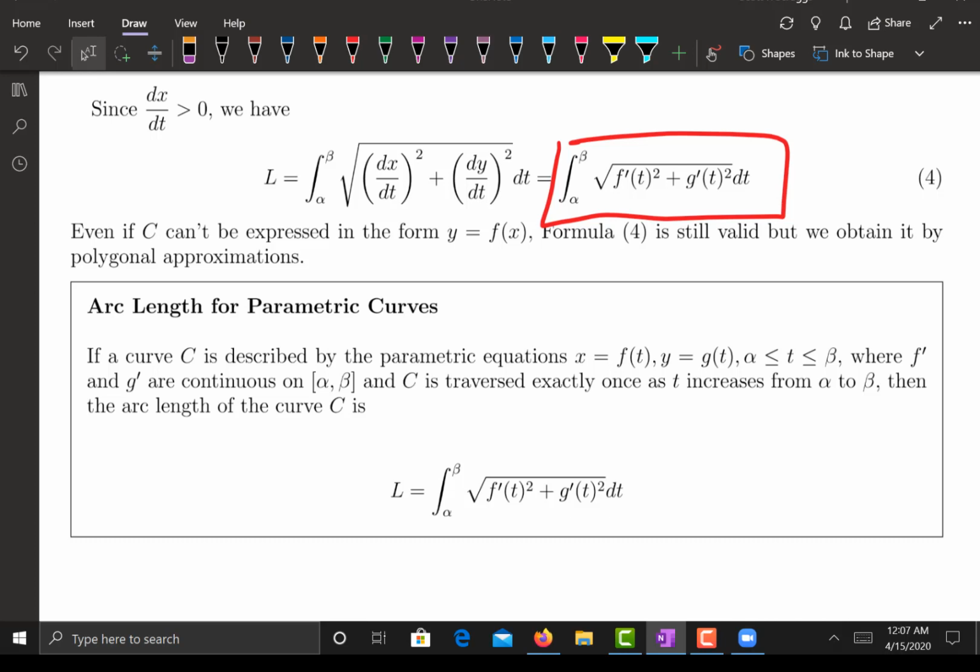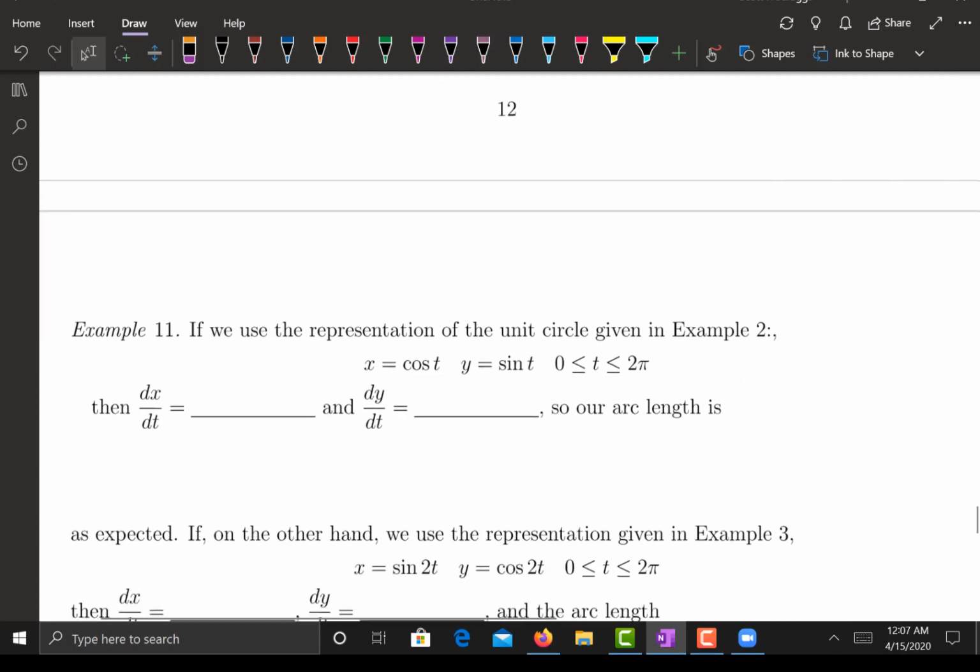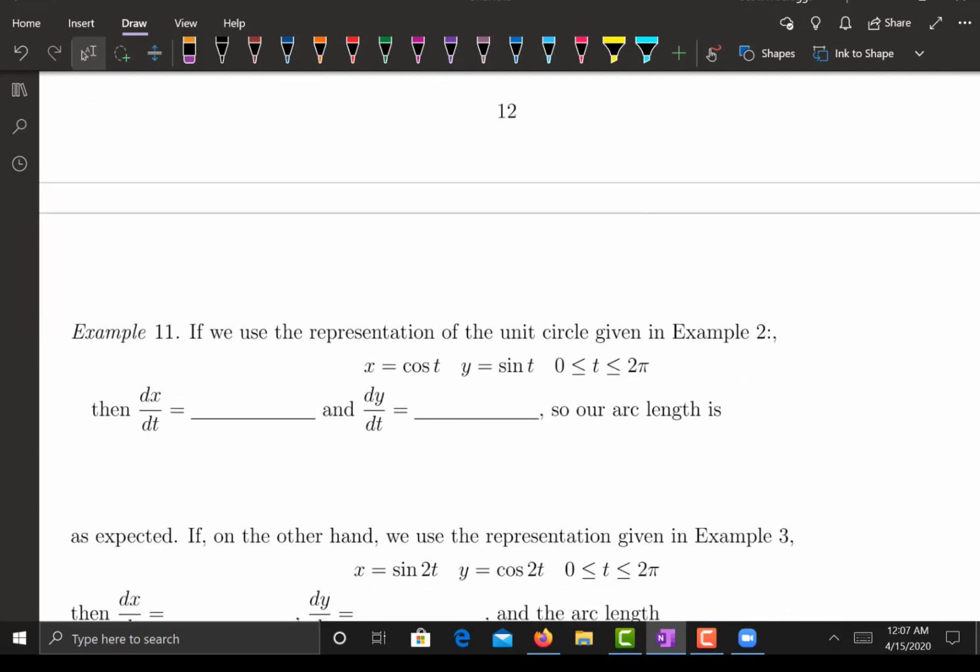And so with that, let's correspond with some examples that we've done before. Let's do example 2. In example 2, we did a representation of the unit circle. Note that because x equals cosine of t and y equals sine of t, that corresponds to 1 rotation about the unit circle, since I restricted my parameter to 0 to 2 pi.